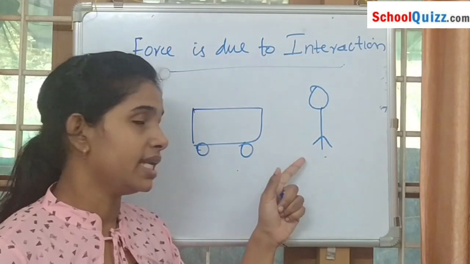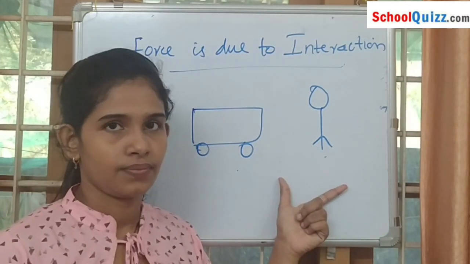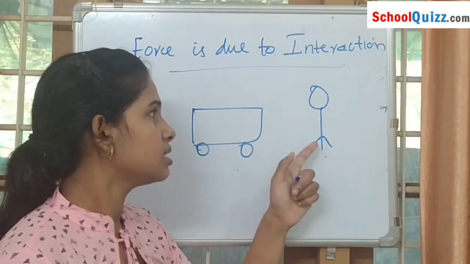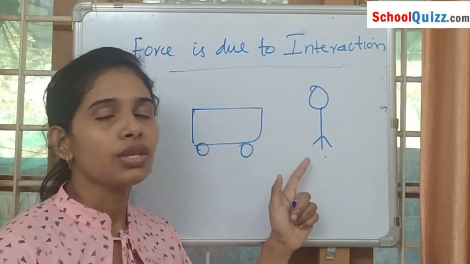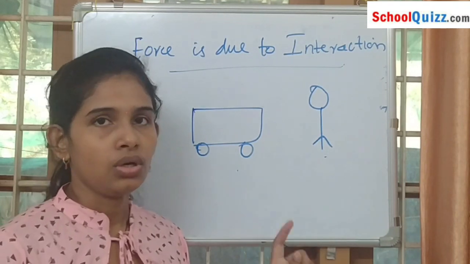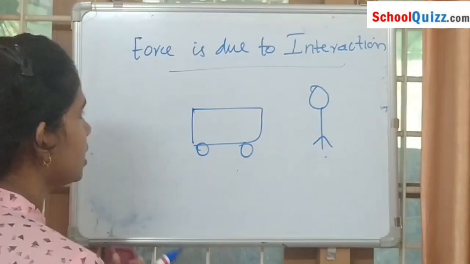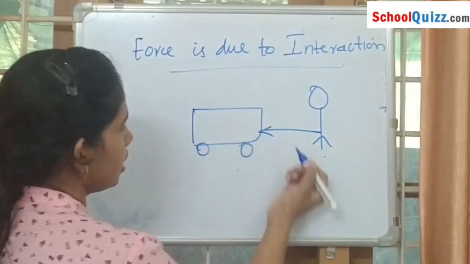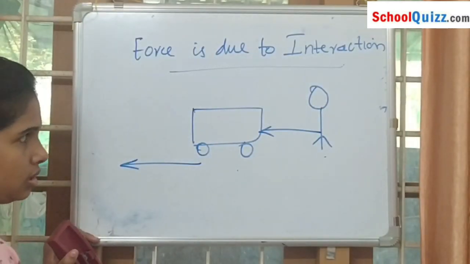Understood? I will explain again. If there is no interaction set up between objects, there is no force. Here, this man is standing behind this stationary car. So there is no interaction set up between them. So there is no force. In another case, this man pushed this car. What happened? This car will move forward.